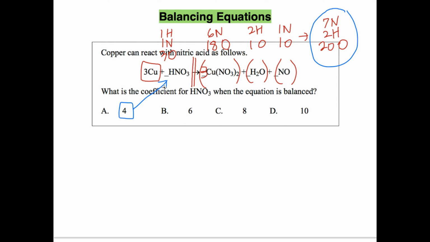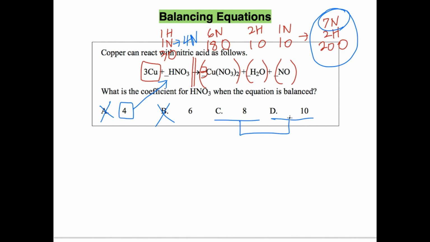No, because if I put 4 as the coefficient, then there's going to be only 4 nitrogens. But we need a minimum of 7 nitrogens, right? So A can't be the answer. Same as B. We can't put 6 as the coefficient for nitric acid because we need a minimum of 7 nitrogen. Now we're left with C and D.